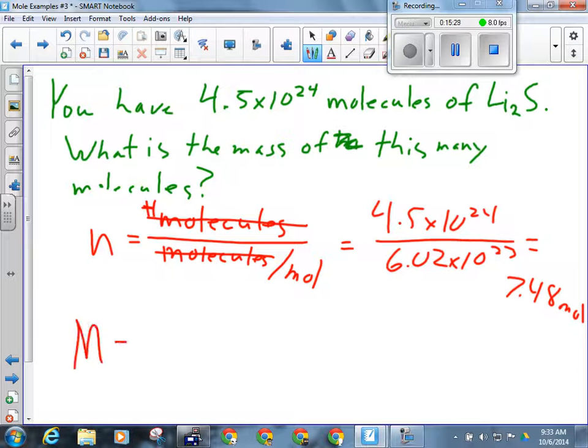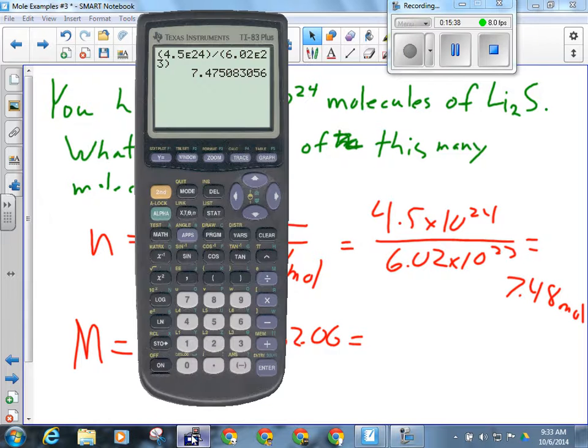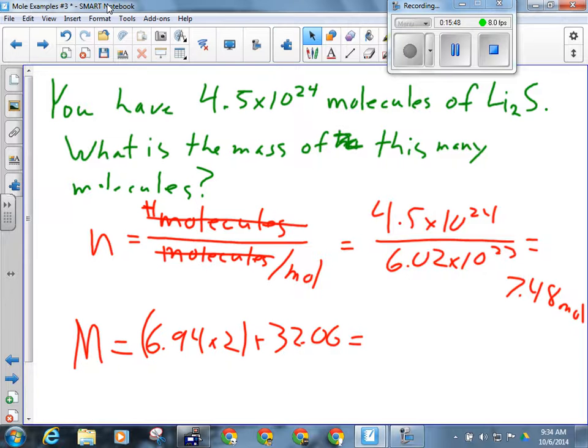I can also calculate big M because they told me it's lithium sulfide. So I'm going to have 6.94 times 2, plus 32.06 for the 1 sulfur, which is 45.94, my molar mass, in grams per mole.